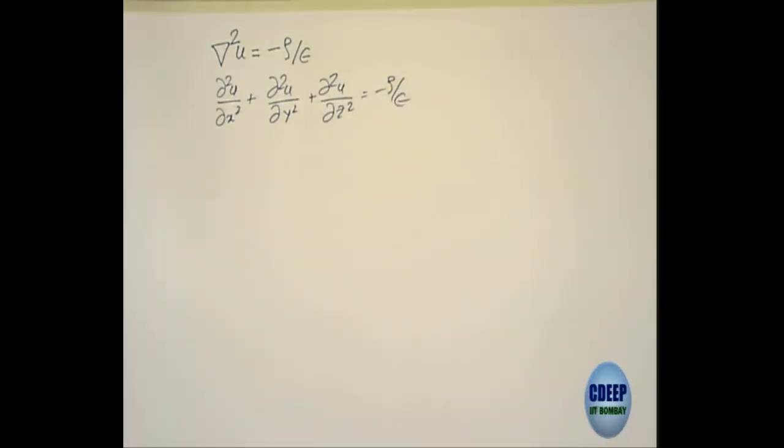So u is the potential variable, rho is the volume charge density and epsilon is the permittivity of the medium. So first of all, what does it mean? That means you need to find u in a given field domain which has some source condition. So what is the source term here? Yeah, that is the source term and the variable is u, the dependent variable, is it not?